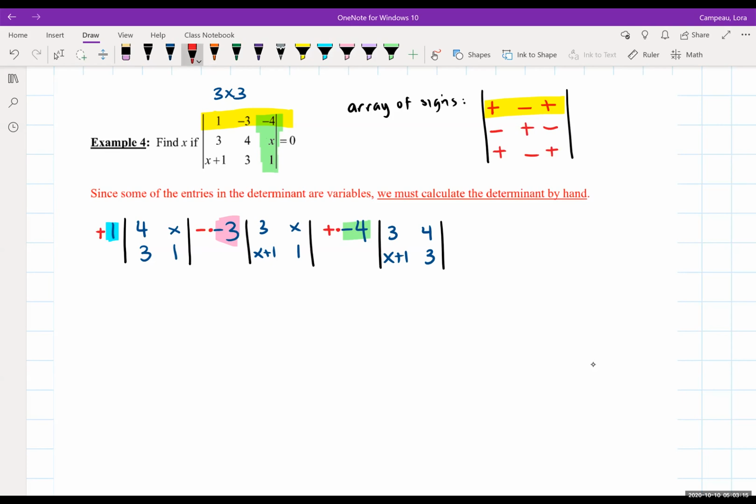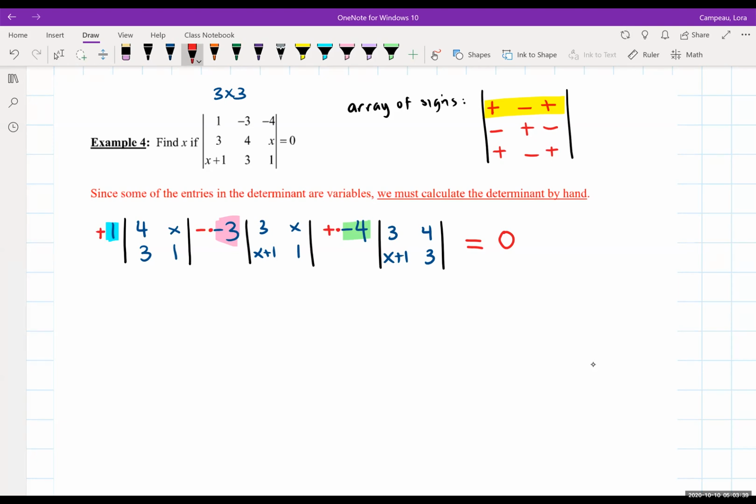Keep in mind though, as we have expanded by the minors, the goal is not just to calculate the determinant. The goal is to solve when the equation is equal to 0. So I'll continue writing equal to 0 to help us with that. So starting off, I'll just simplify the number in front.